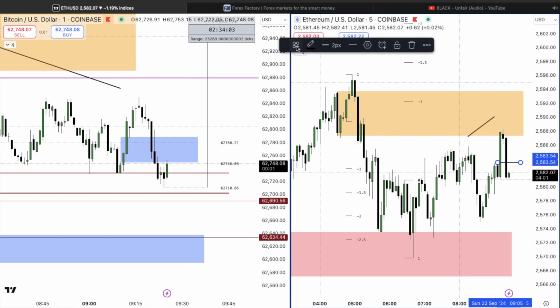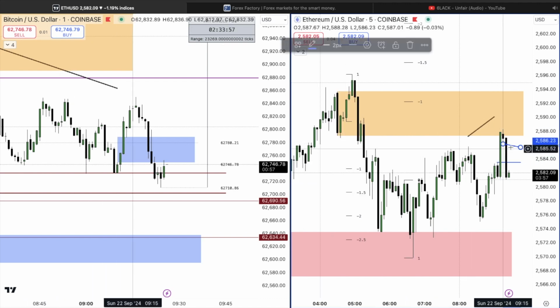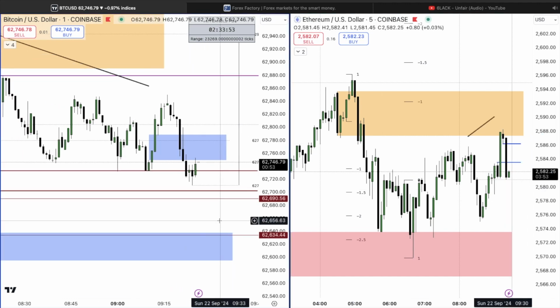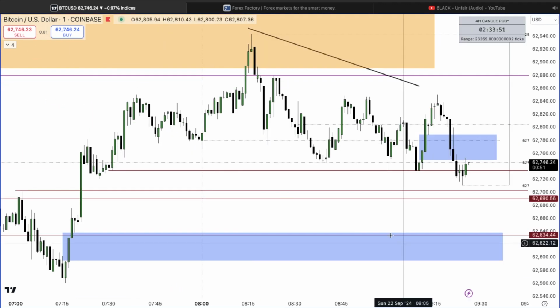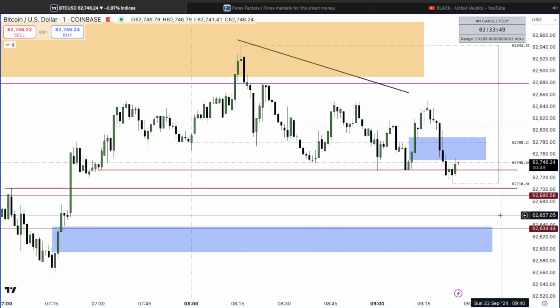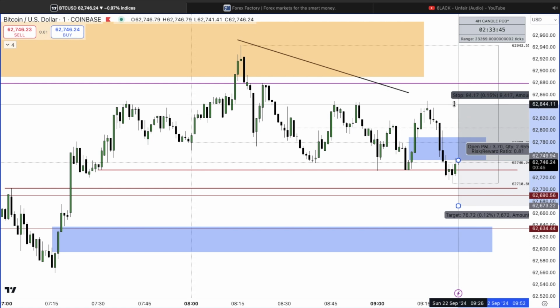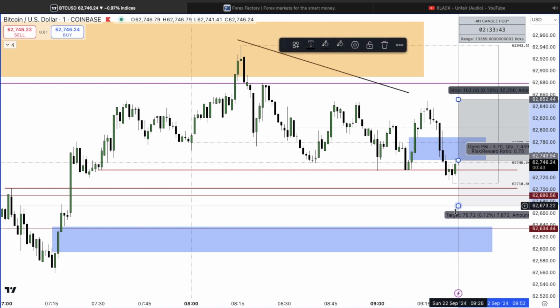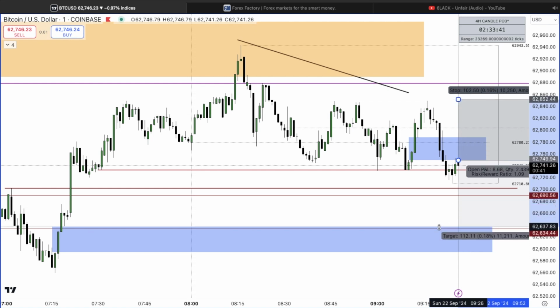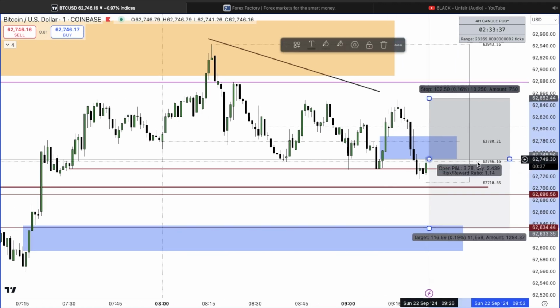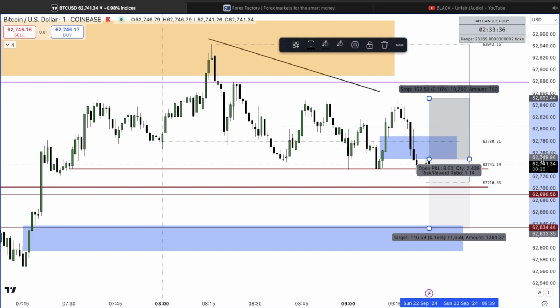We are going to have a BPR here on Ethereum on the 5 minute. Even if I did, what would that even be if we came off the inversion? It's a little bit over a 1-to-1. It's a 1-to-1-to-1.